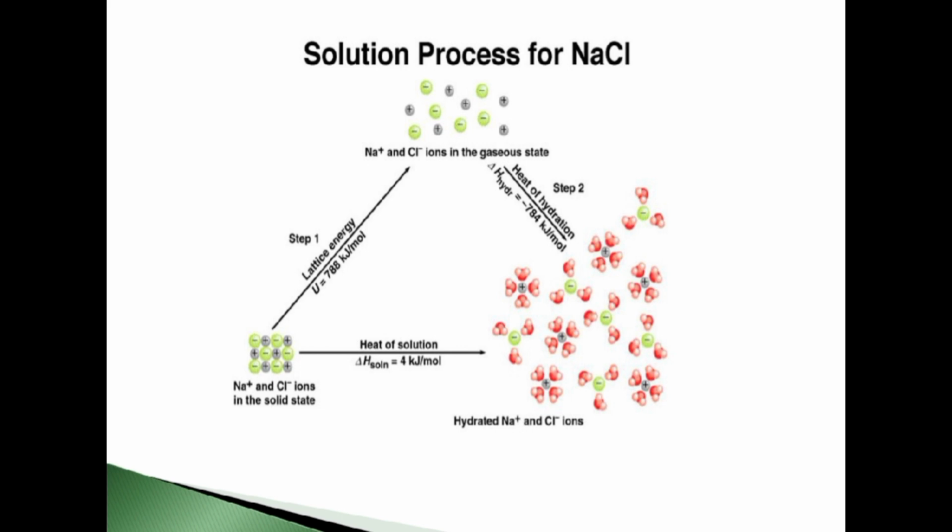In steps 1 and 2, you can clearly observe a difference in sign. The first one is endothermic in nature, the second is exothermic because bond formation is happening in step 2, but the overall dissolution enthalpy is positive, or endothermic in nature.